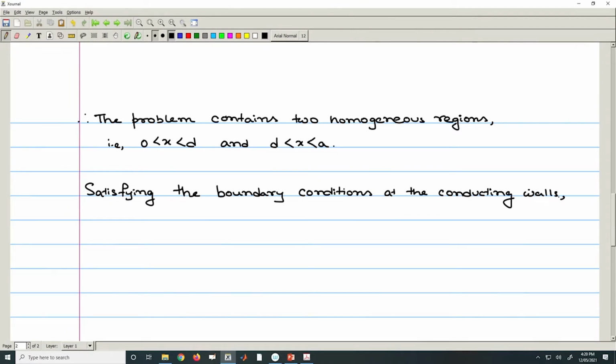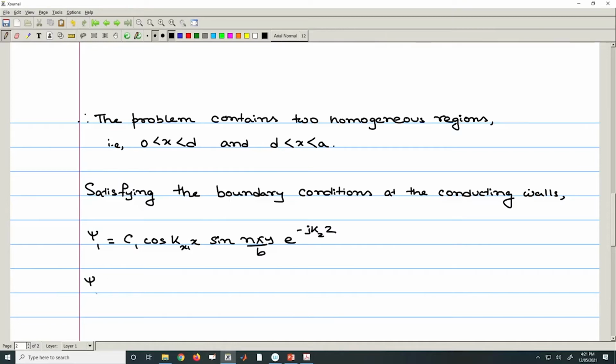we can find out the potential function psi. For the first region, psi 1 can be written as C1 cos of kx1 x sin of n pi y upon b e to the power minus j kz z.